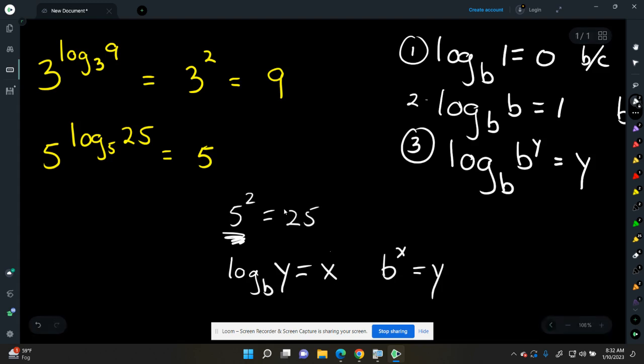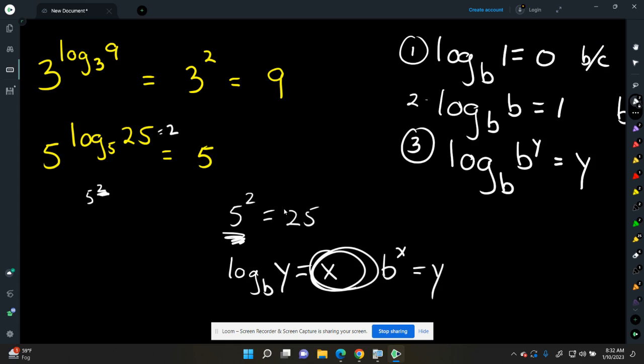I'm looking for the x, not the b to the x. So when your brain goes 5 squared, that's telling me that the x is 2. So log base 5 of 25 is 2.